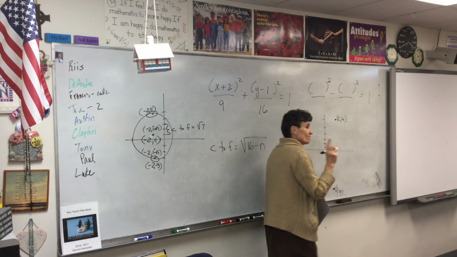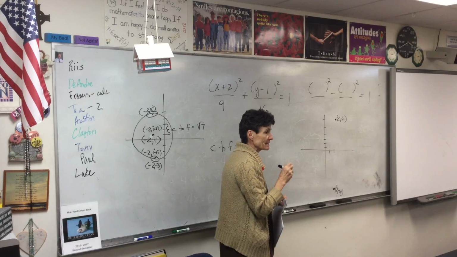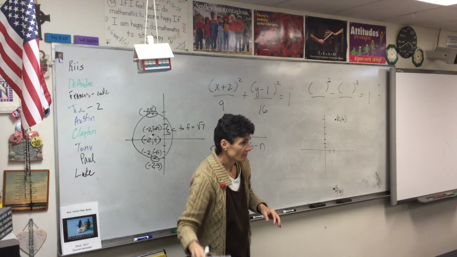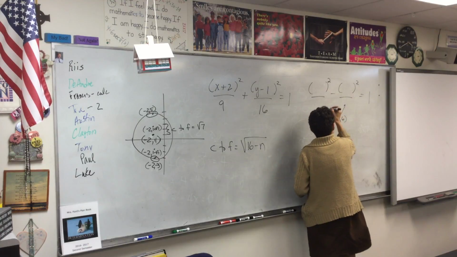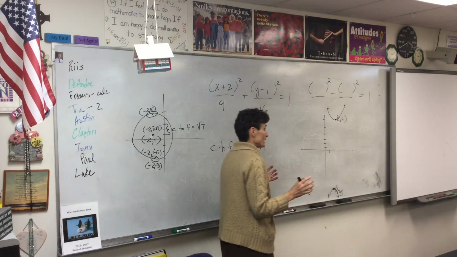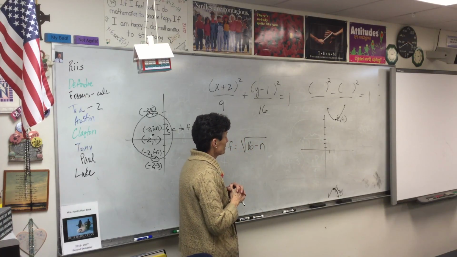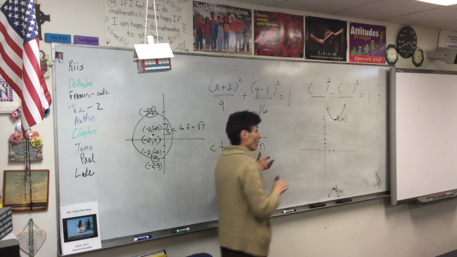Right, now those are the vertices. So what does that tell me about my hyperbola opening? It's opening up and down. Think about it. Those are vertices. It couldn't open any other way. What does that tell me? Just that. Y comes first.